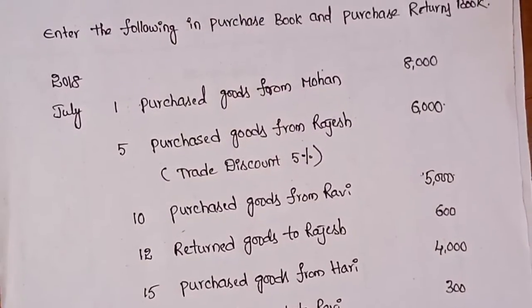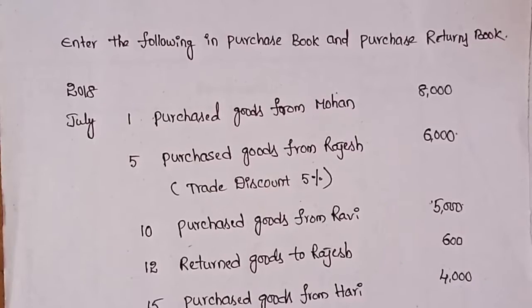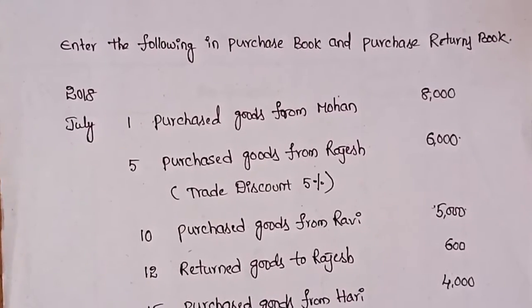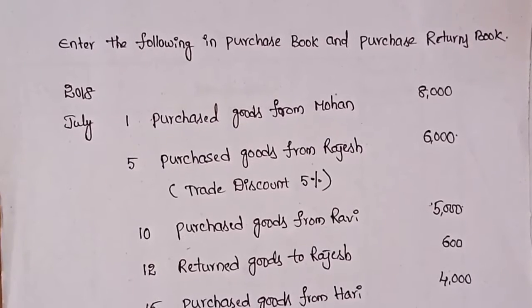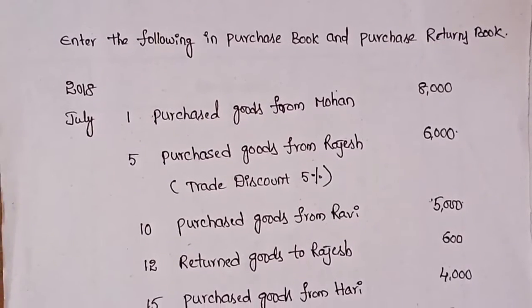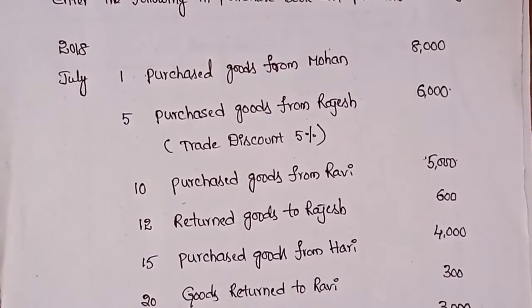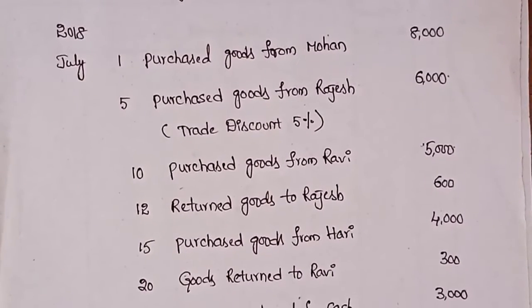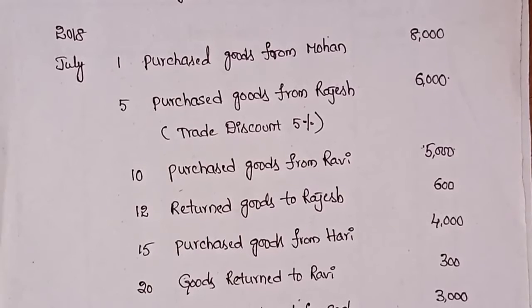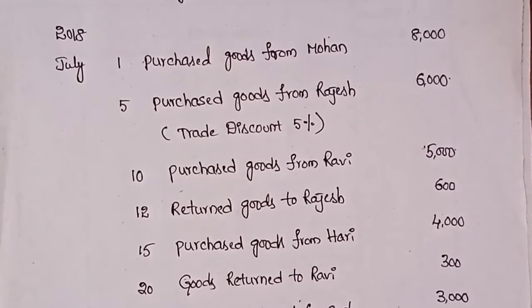So here is the problem. Let's try one problem for preparing the purchase returns book. Enter the following in purchase book and purchase returns book. 2018 July 1st, purchased goods from Mohan 8,000. July 5th, purchased goods from Rajesh 6,000, trade discount 5%.